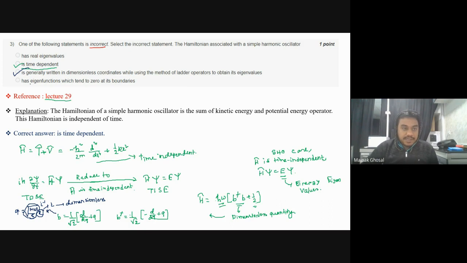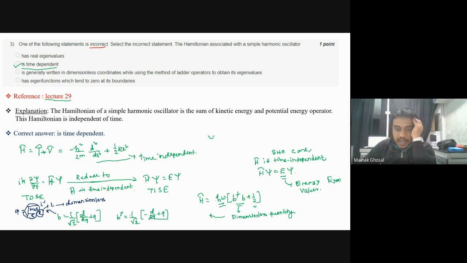And the fourth option is have eigenfunctions which tend to zero at the boundary. Oh, sorry. This will not be ticked. This is a correct option, but here it was mentioned that you have to just mark the incorrect options. So the fourth option has eigenfunctions which tend to zero at its boundaries.